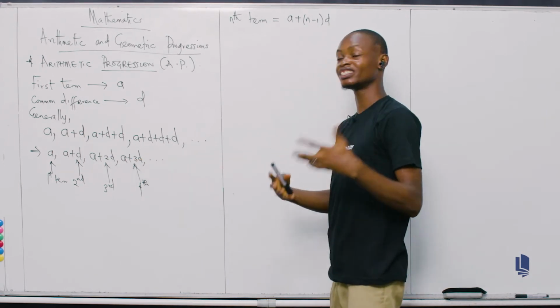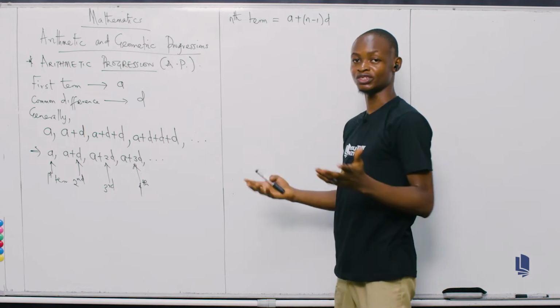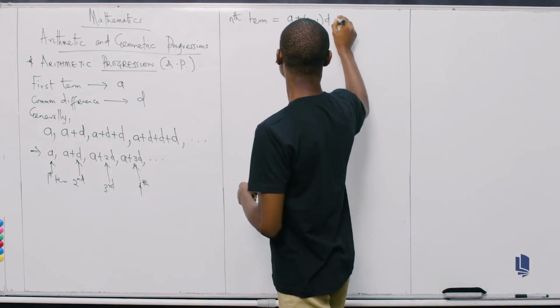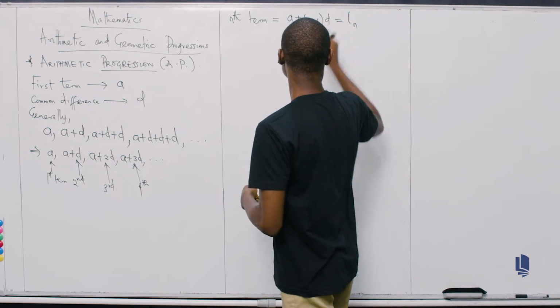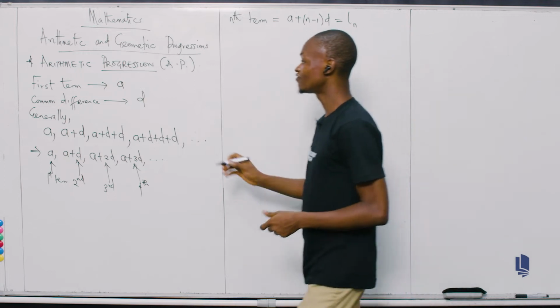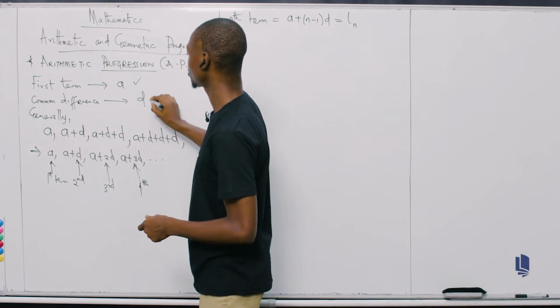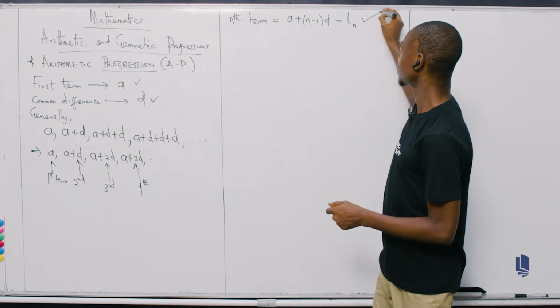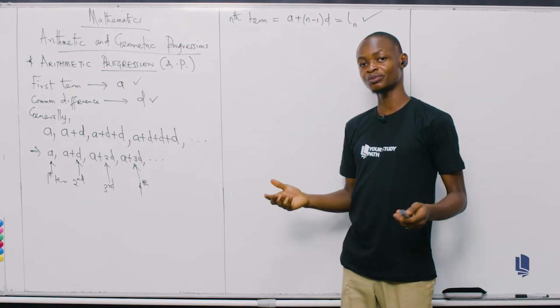If n was 50, I'll be having 50 minus 1, which will be 49, and so on and so forth. This nth term has different symbols, usually written as L subscript n. So we have the first term of the arithmetic progression, the common difference of the arithmetic progression, and again the nth term of the arithmetic progression.